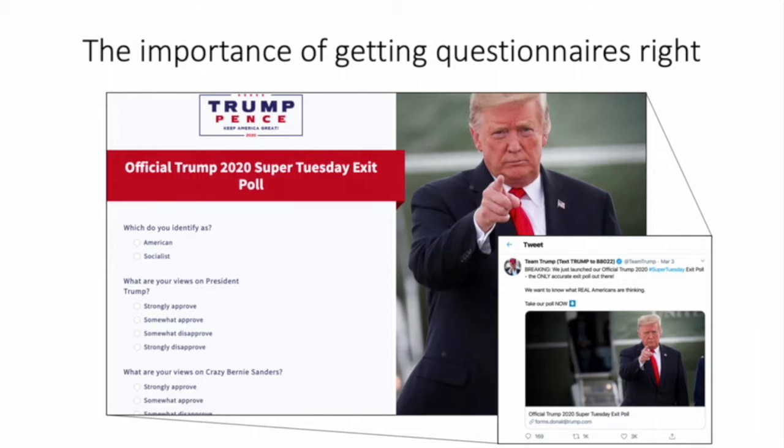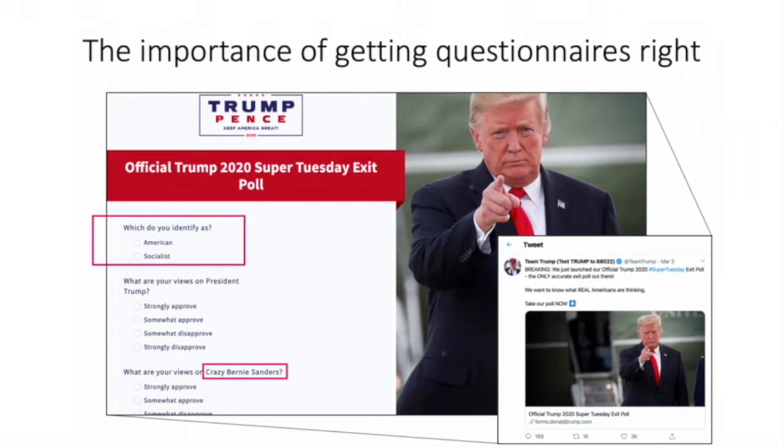You might notice that this is something that candidates tend to do just to get a sense of what people's opinions are, why they are voting for certain candidates or not. And the very first question you see here is, which do you identify as, an American or a socialist? You scroll down a bit further, the third question is, what are your views on crazy Bernie Sanders?